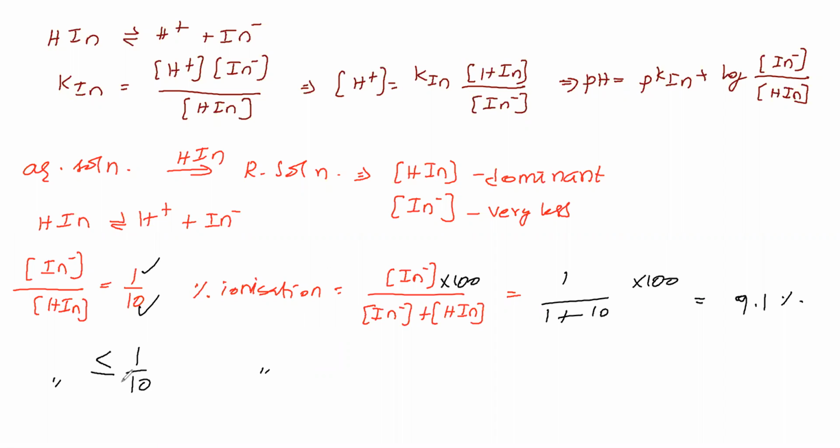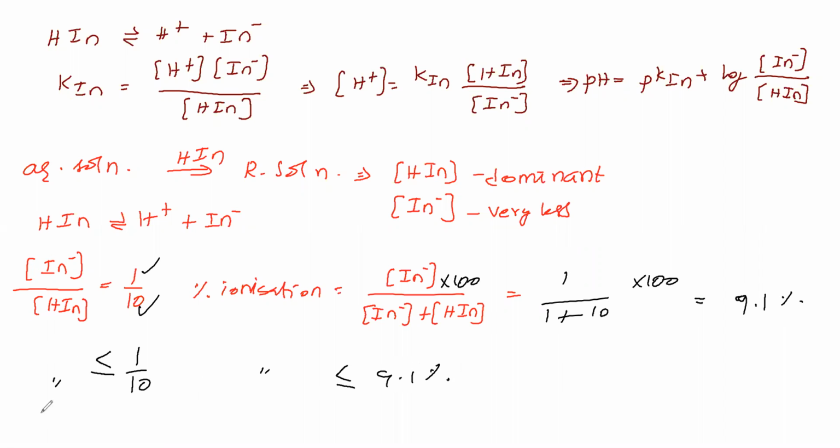Less than 1 by 10 means, suppose we take 1 by 100. If you substitute 100 here, then percentage ionization will be less than 9%. Therefore, percentage ionization will be less than or equal to 9.1%.